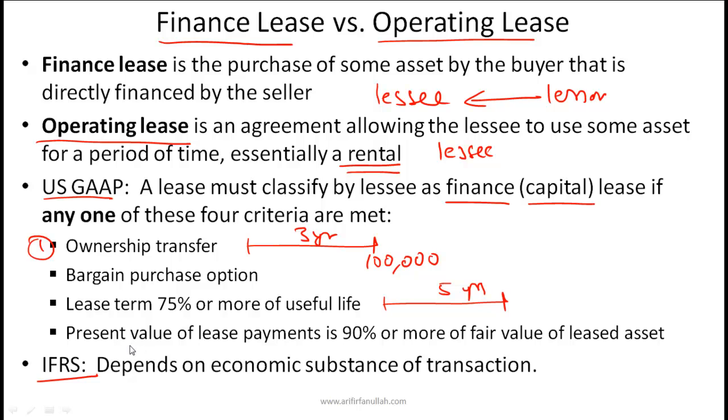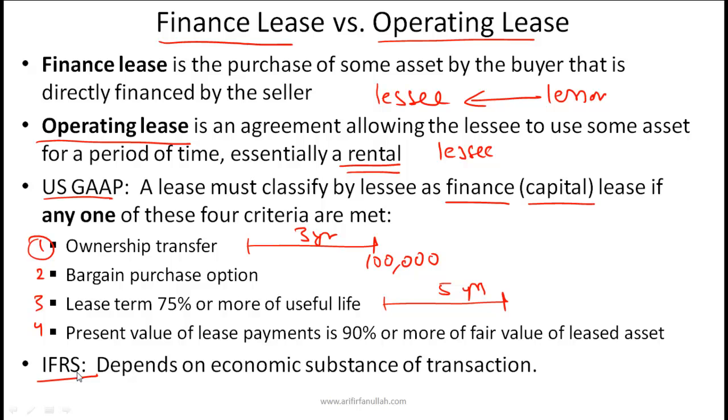And finally, if the present value of all the lease payments is 90% or more of fair value of leased asset, then this must be classified as a finance lease. So if any one of these 4 conditions holds, then according to US GAAP the lease should be classified as a finance lease.